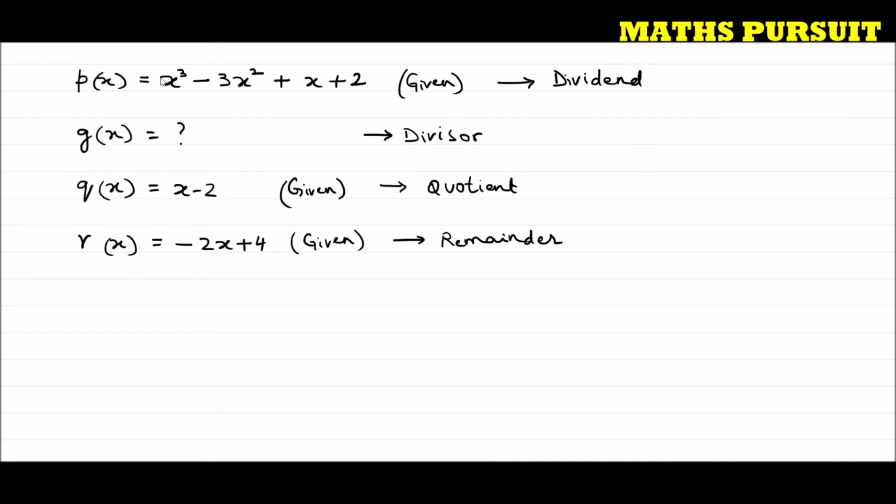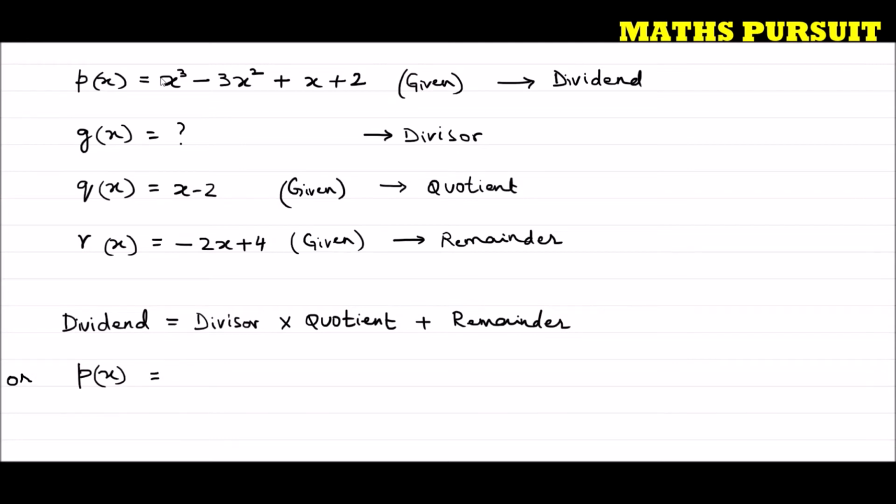I believe by this time we all should know it. The division algorithm is denoted by dividend is equal to divisor into quotient plus remainder.